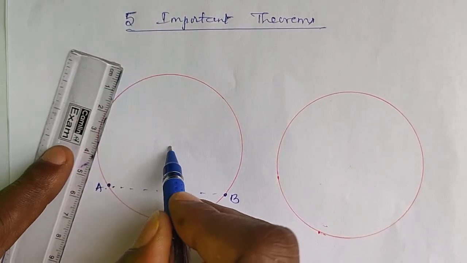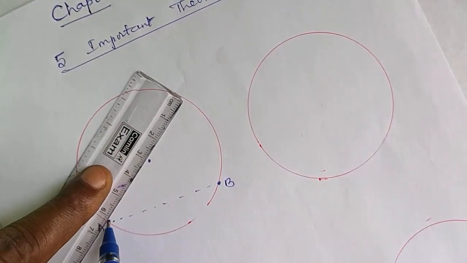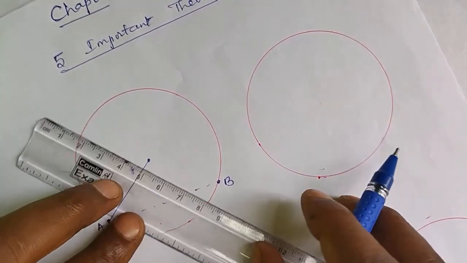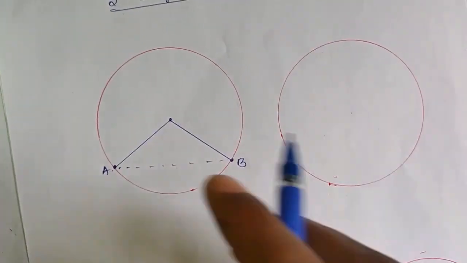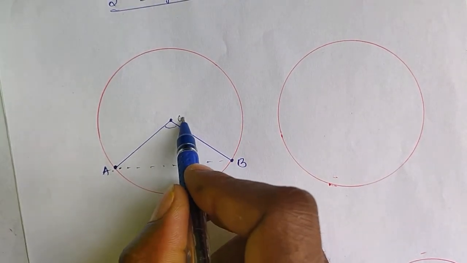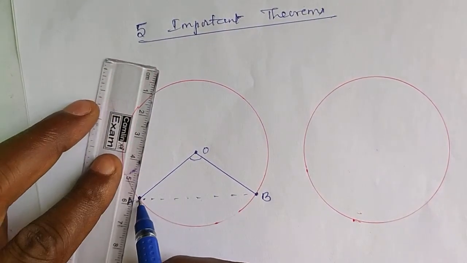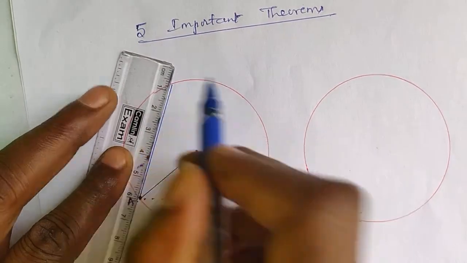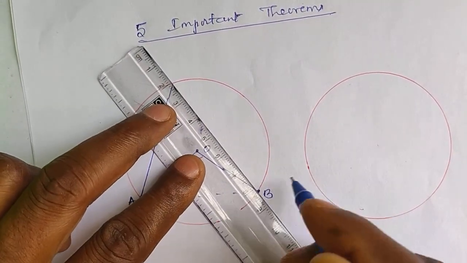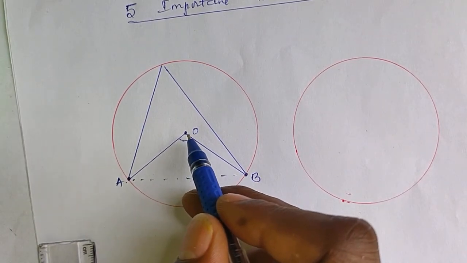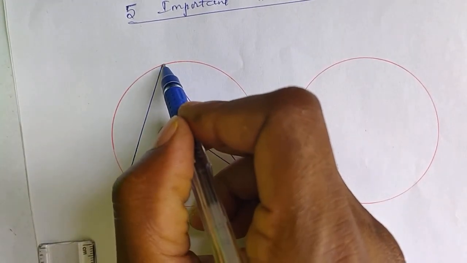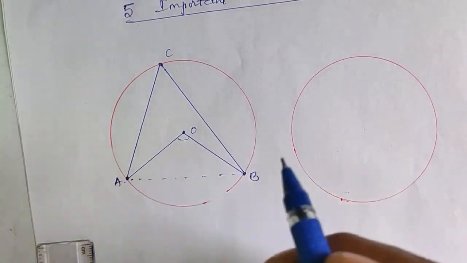From the ends of a given chord, if you subtend an angle at the center, and from the same ends of the same chord, you form an angle at the circumference, this angle will be marked as C.